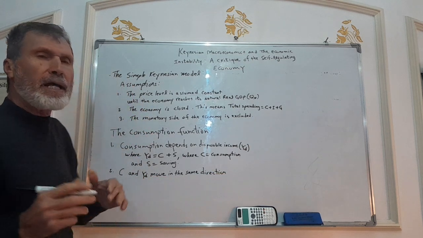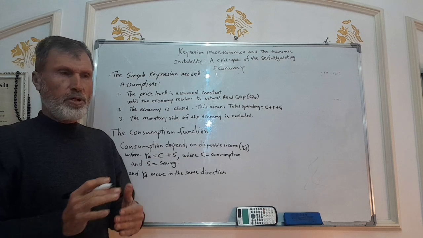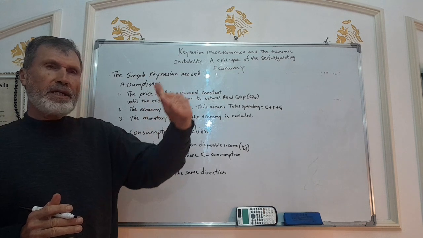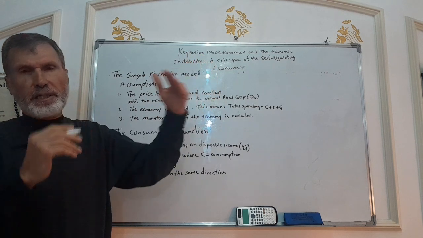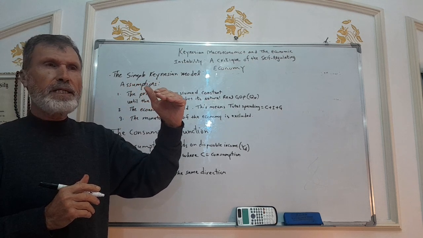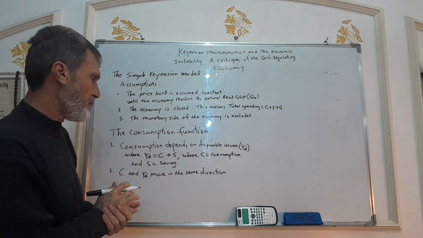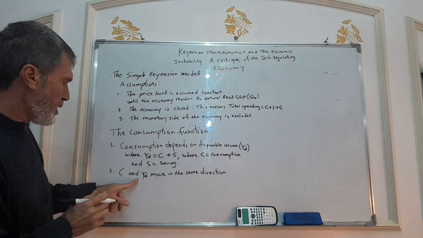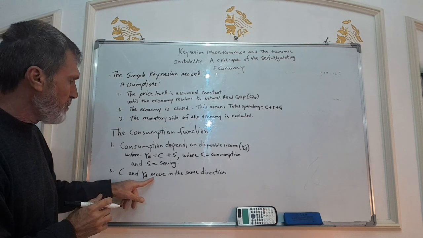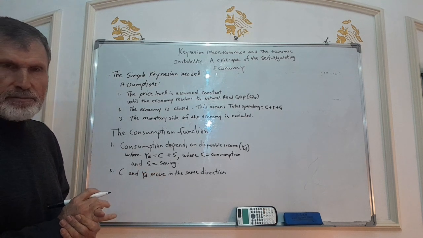That is, they are directly proportional to each other. If YD increases, consumption will increase. If YD decreases, consumption will decrease. So they have a positive relationship.